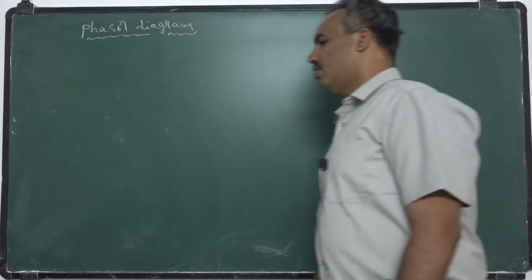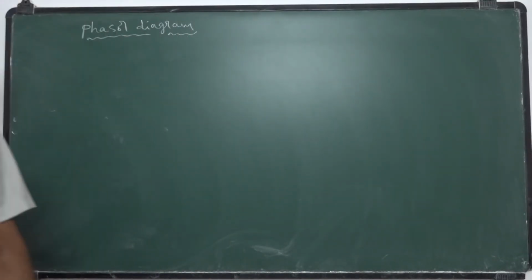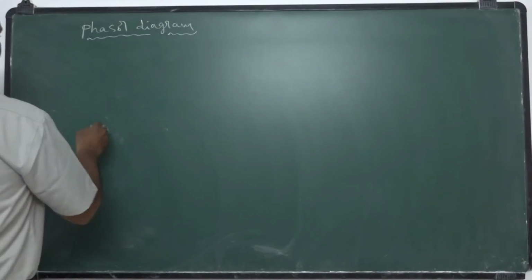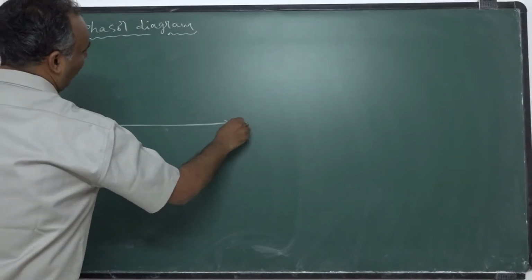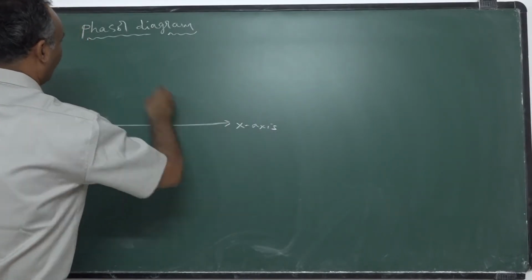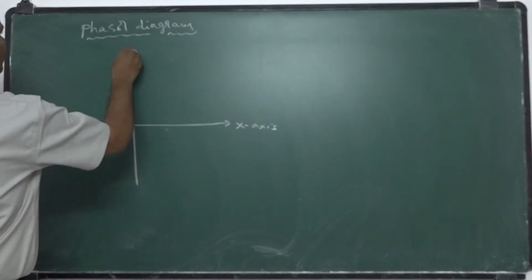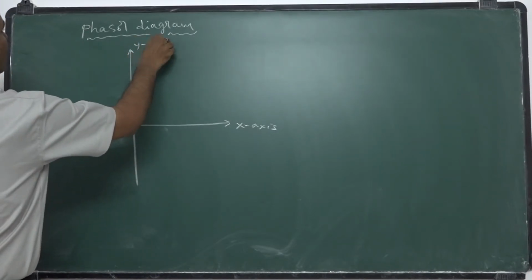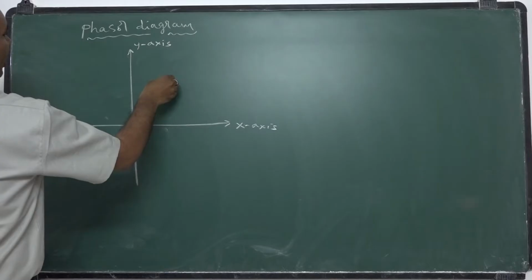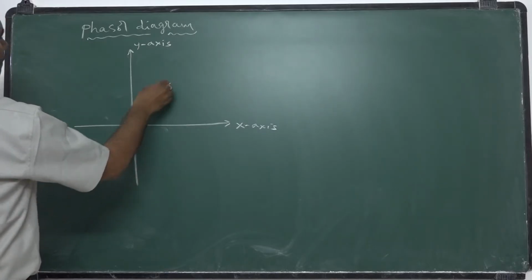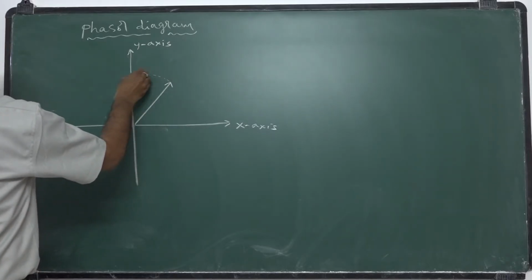Let us understand here. The phasor diagram is like this. Suppose this is x-axis, this is y-axis. Phasor diagram is representing the anti-clockwise motion of a vector.